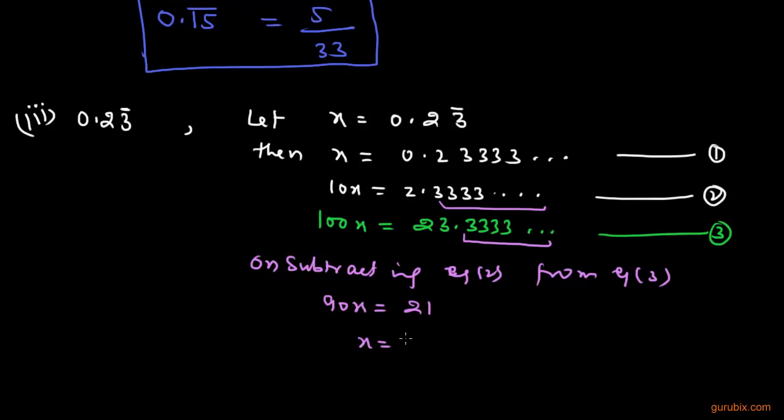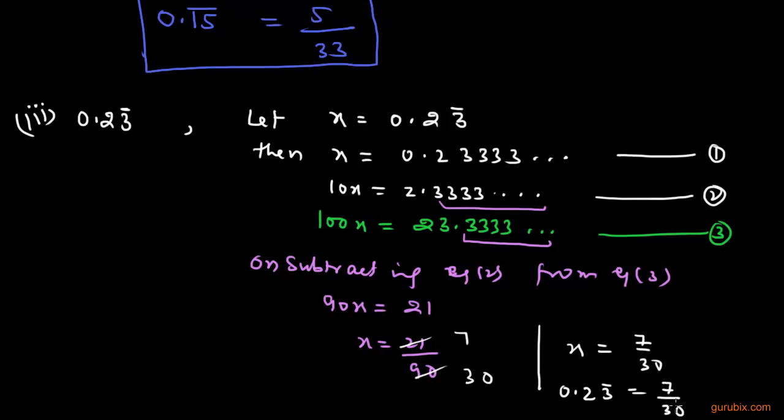Therefore x is equal to 21 over 90, and we can cancel these values by 3. We get 7 over 30. So x is equal to 7 over 30. This means 0.23 bar is equal to 7 over 30.